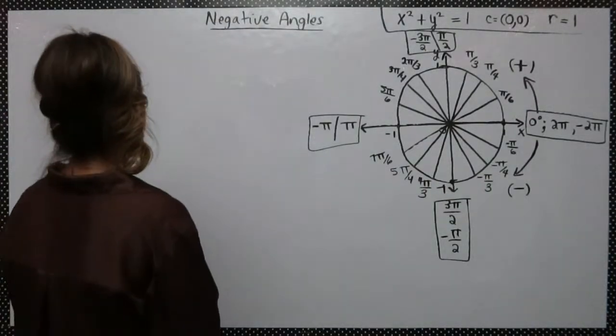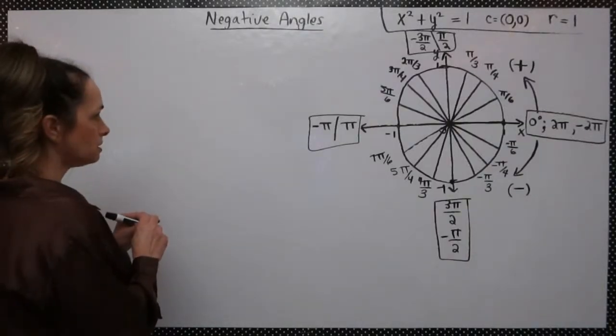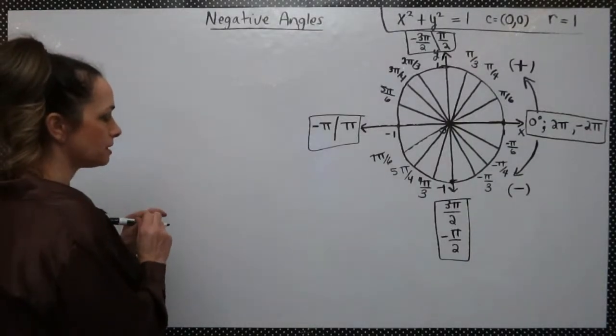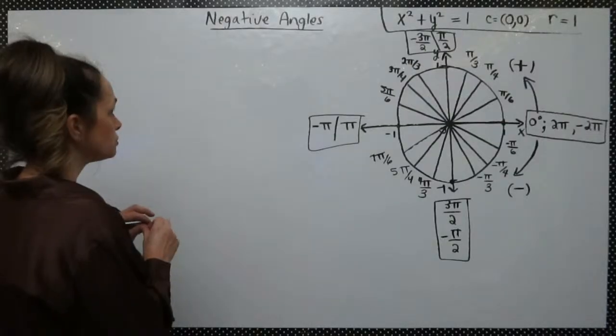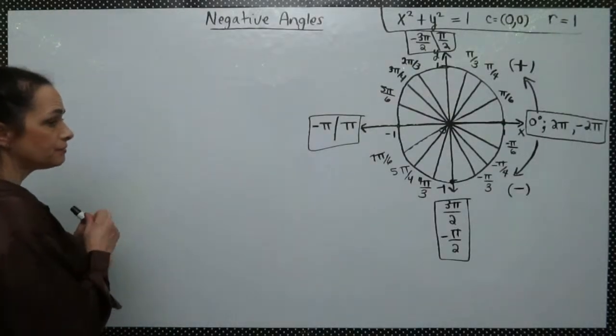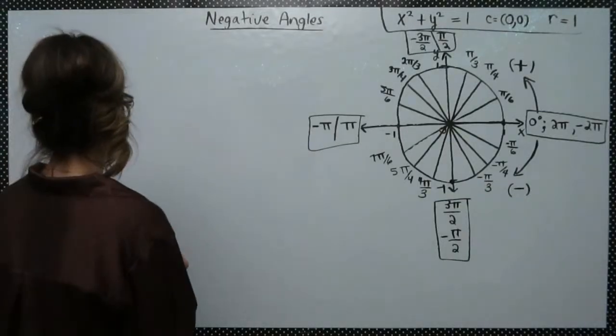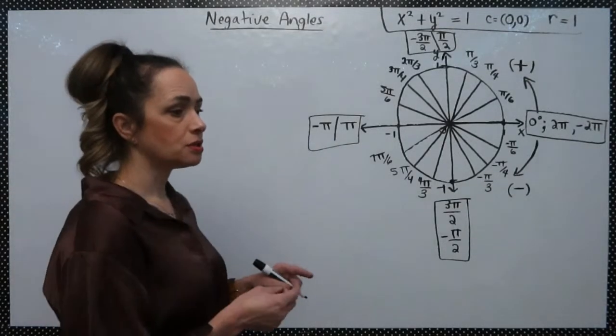Functions are specific. Not all relations in math are going to be a function, but if it's a function and it's a one-to-one function, then it will have an inverse. And if it's not, there are functions that are not one-to-one.